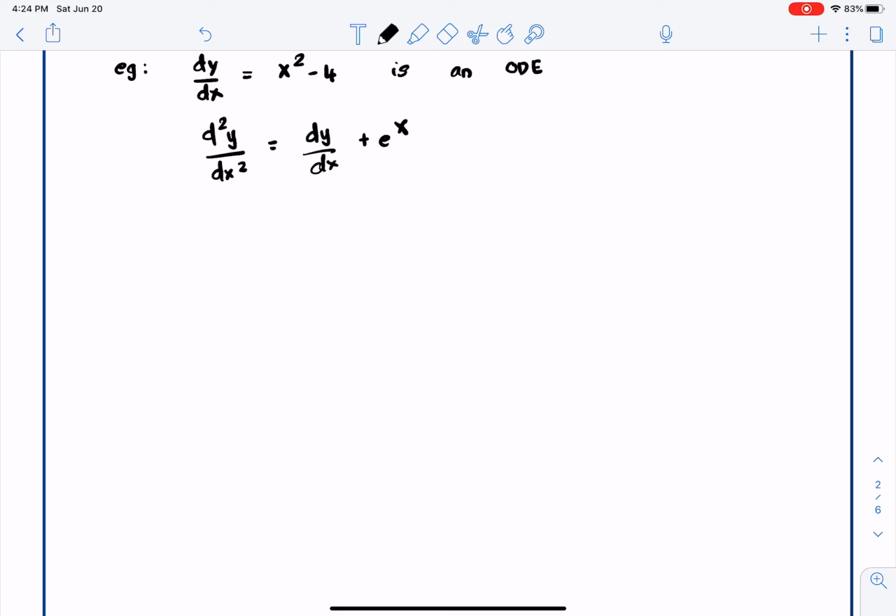In a similar manner, we could have y triple prime plus 2y prime minus 4 equals 0.